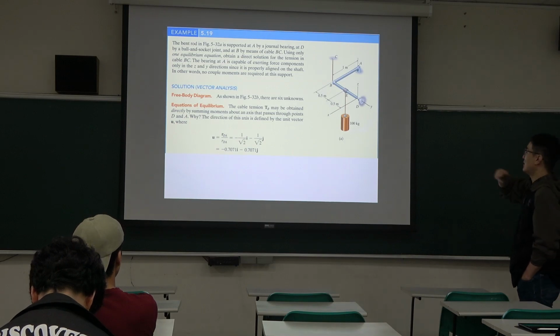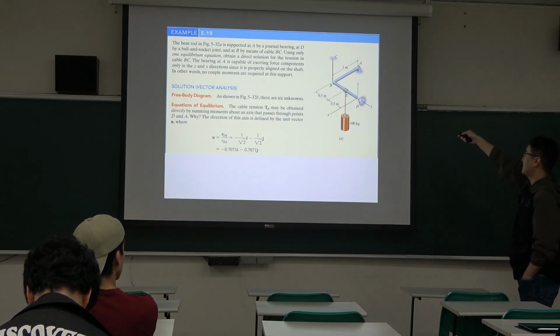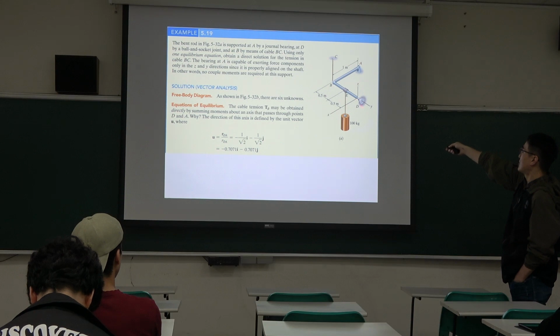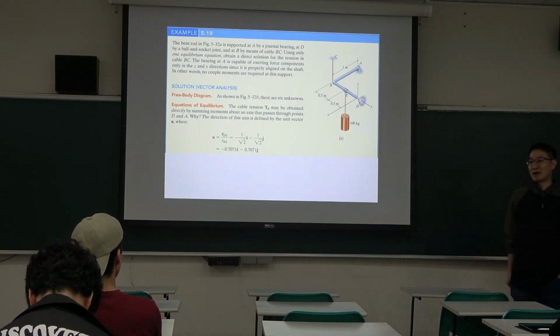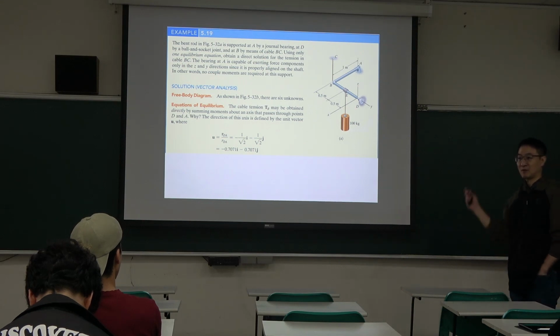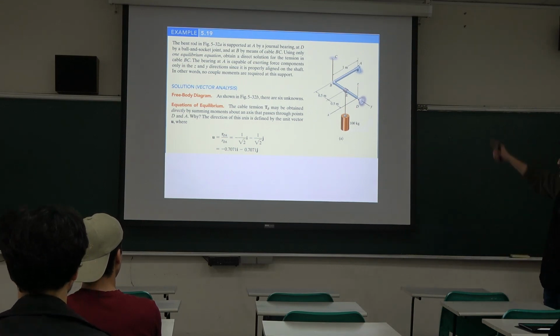So I guess the best way is we take a moment about this axis. Because we take a moment about this axis, all reactions from point A and point D we don't need to consider. Okay? We take a moment about the AD axis.